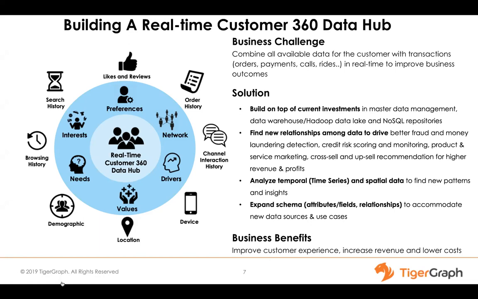Moreover, you can add deep relationships among the data in your current data silos, which really helps you enable a range of marketing and risk management opportunities using graph. And then also add other dimensions to track patterns, really leveraging the temporal data or geospatial data in your current data set.